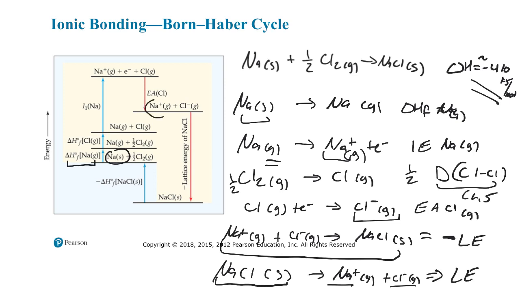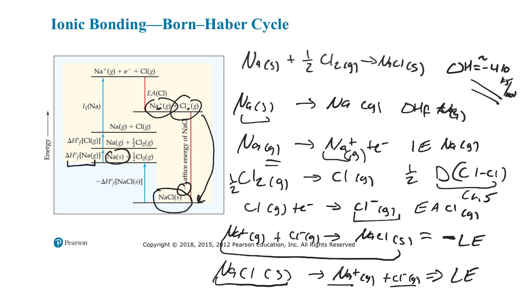And so sodium gas and chloride gas then form an exothermic reaction. Exothermic here because you get the electrostatic attraction of the plus and minus ions. So this drops in energy forming sodium chloride, where then you get a net negative delta H. So we could do a few things here.